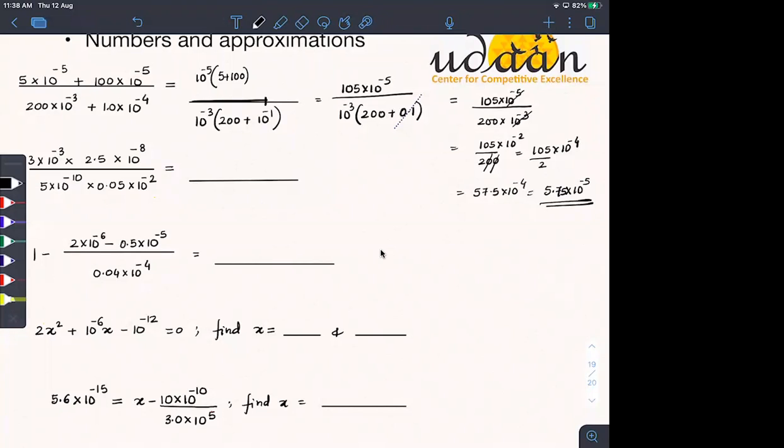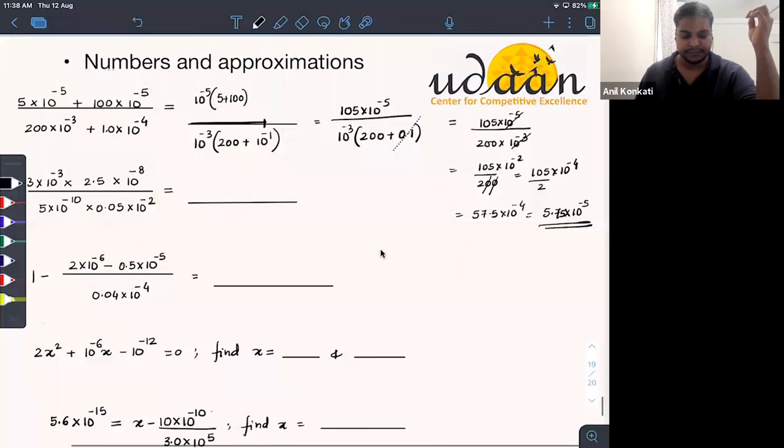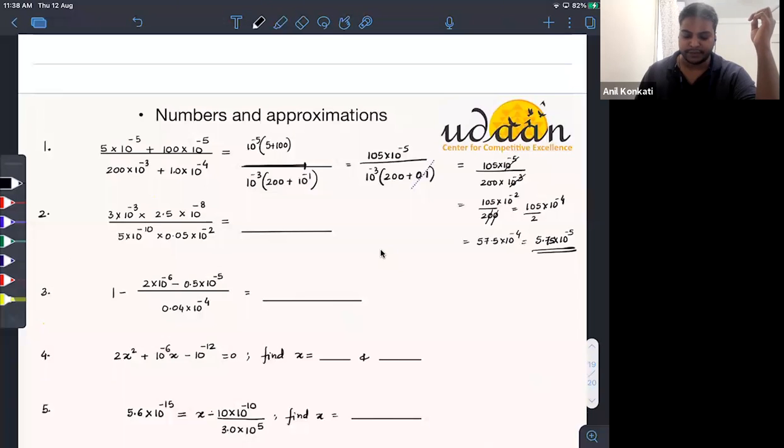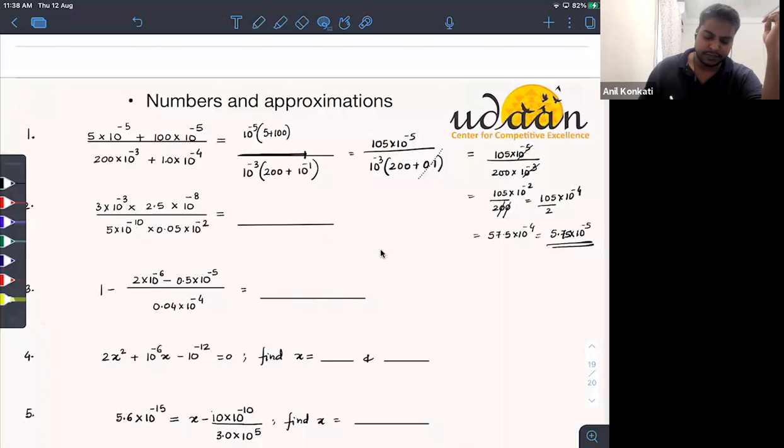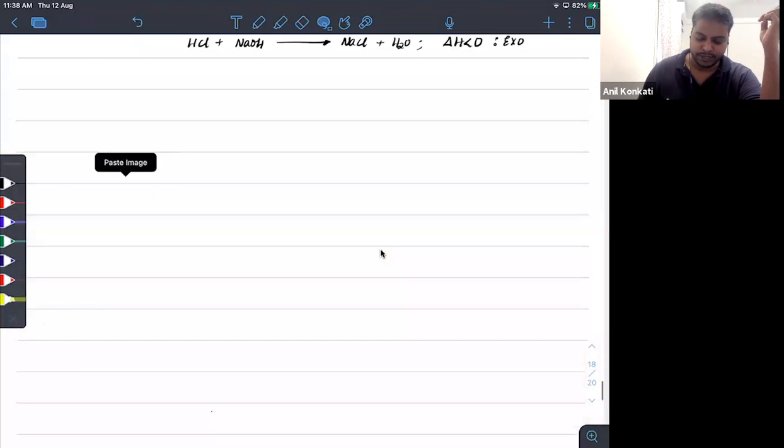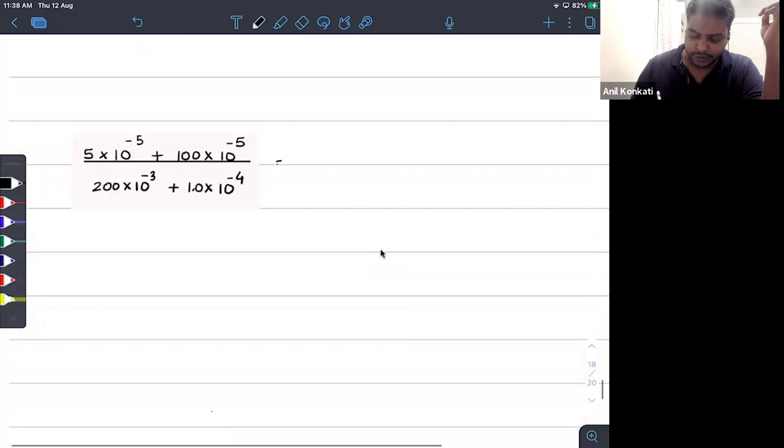Sir, if we make 10 raised to minus 4 common. We can take 10 raised to power of minus 4 also common. See, let me show you that also. You mean in the denominator, right? So I'll show you that also. See, 10 raised to power of minus 5, I'm taking it as common.